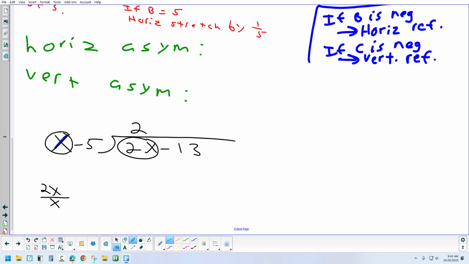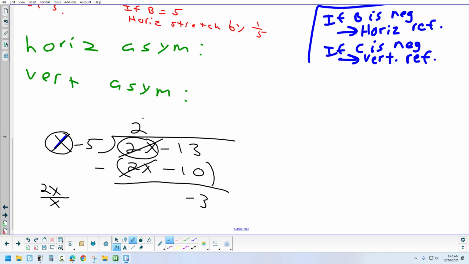Multiply it back out, and then we're done. 2x minus 10. What do we do with those columns when we do long division? Subtract. 2x minus 2x is gone. What's negative 13 minus 10? It's going to become negative 13 plus 10, which is negative 3.